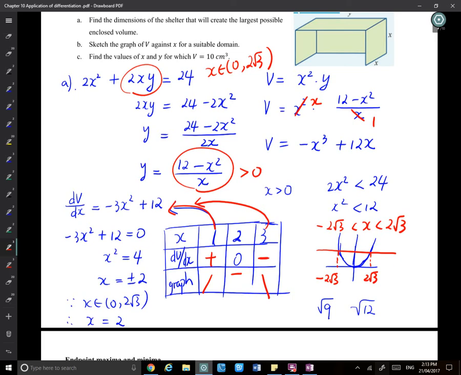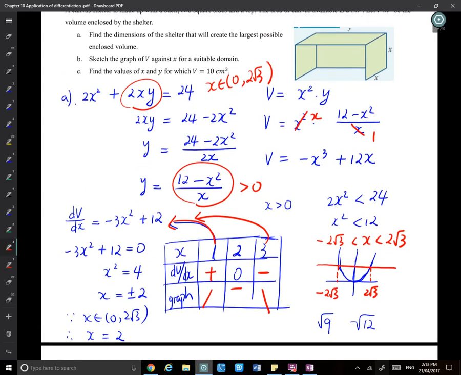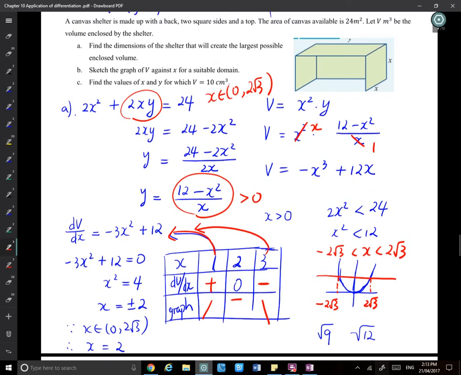What the question is asking is to find the dimensions of the shelter that will create the largest possible volume. I'm not asking you the volume, I'm asking you about the dimensions. So if x equals 2, that will give you the maximum. Then what will y equal?